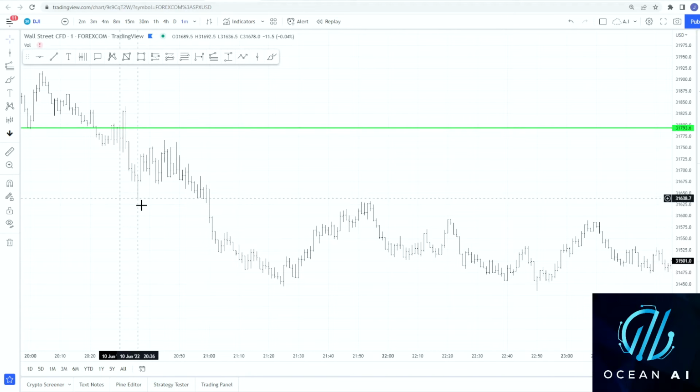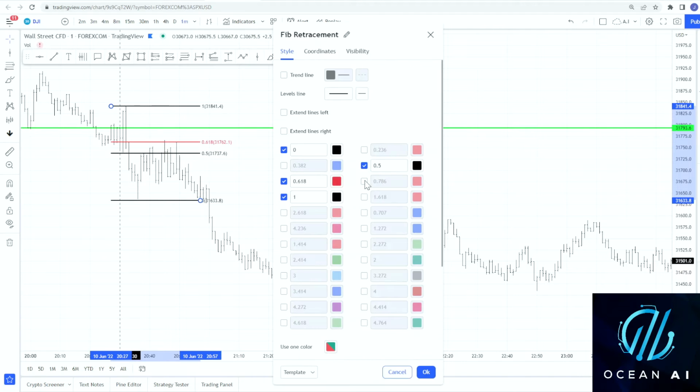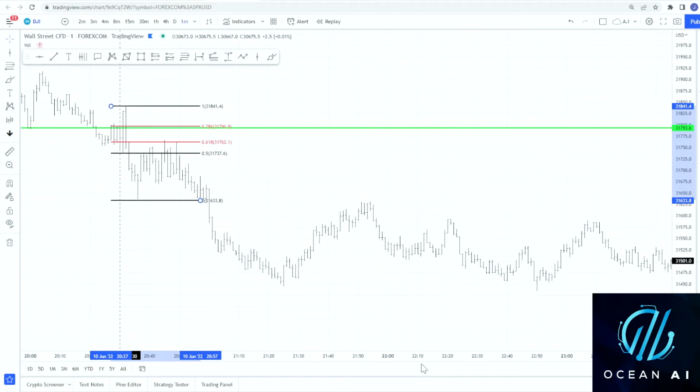So what we look for is a retracement. We get that high down to that low, and then we look for an ABCD pattern back to 50-60% or the opening price, whichever level you want to look at. That opening price was a 78% retracement there, so we're looking in this area here for a possible sell signal.